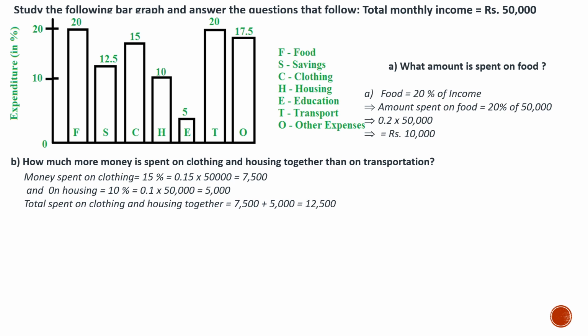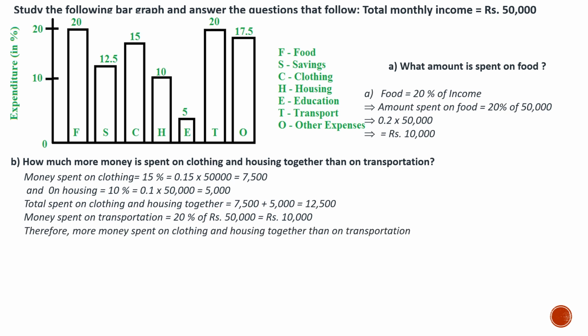On transportation, it is 20%. So 20% of rupees 50,000 is 10,000. Now the difference of 12,500 and 10,000 is 2,500. Therefore, 2,500 is extra money which is spent on clothing and housing together compared to transportation.